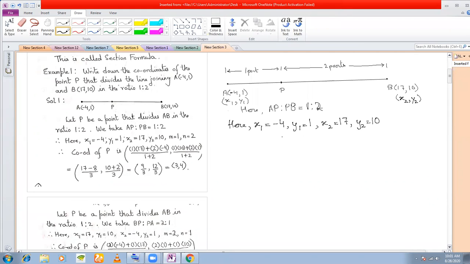And what is m here? This is m is to n, right? So m here is 1 and n here is 2.